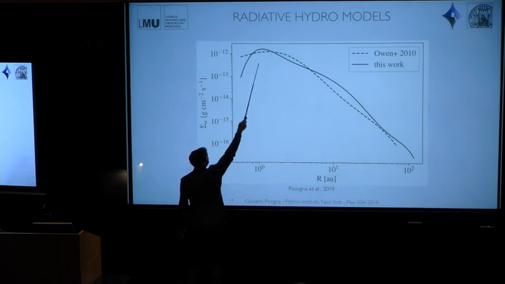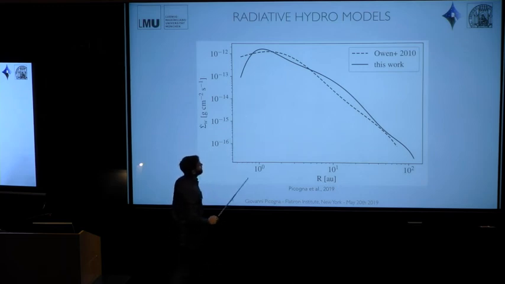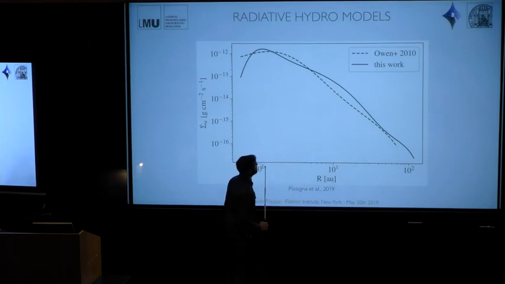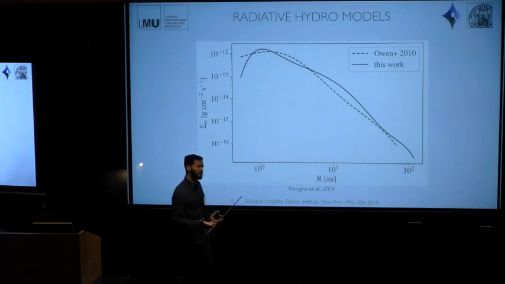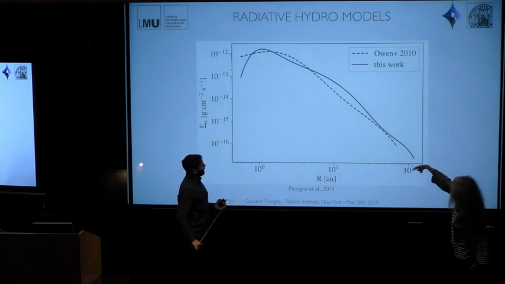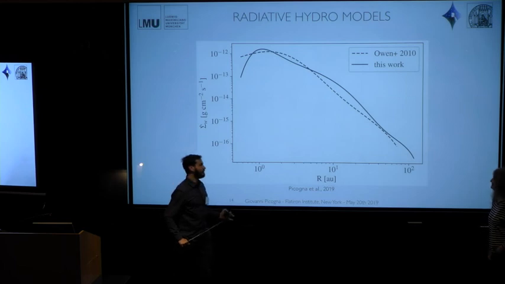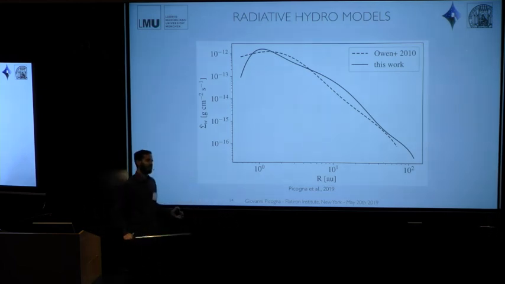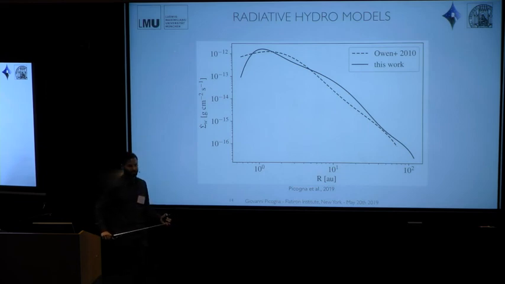We have a peak around the gravitational radius, but also an increased mass loss rate around 10 to 20 AU, because in some of these simulations the gap opens at around 20 AU in our disk evolution, and this was not observed in James' work, to my knowledge. I'm just wondering what's causing that difference at about 20 AU. Yeah, okay. I do not have a real physical explanation. We are trying to understand that, but this is coming from the simulation.